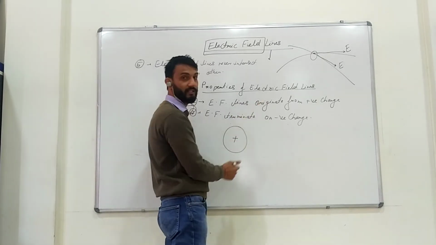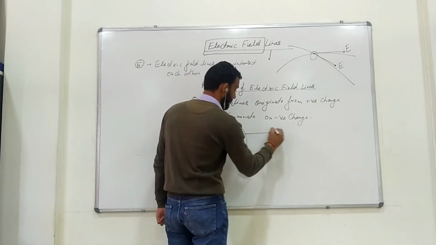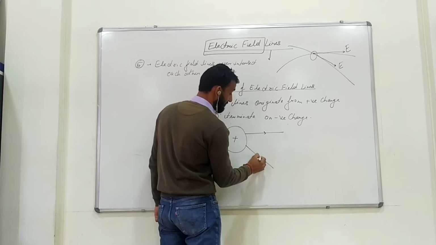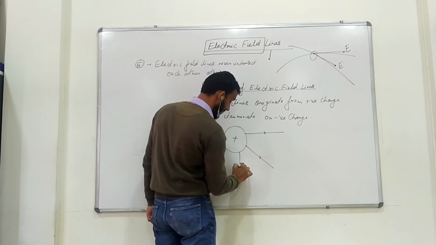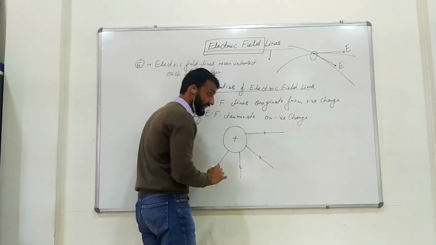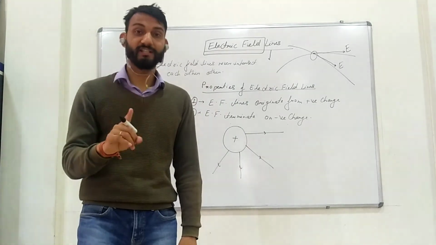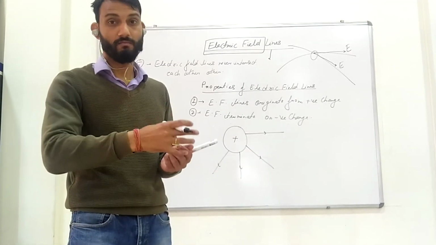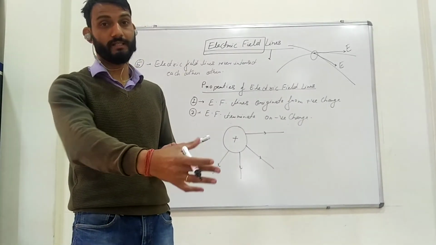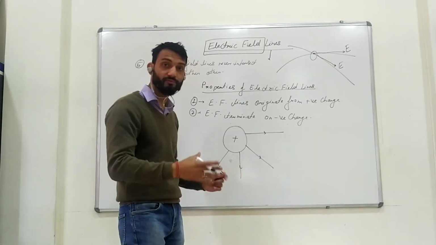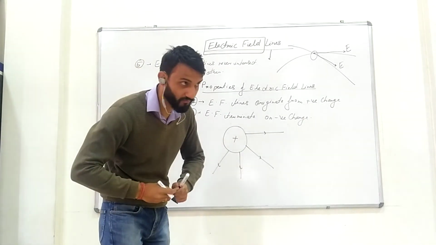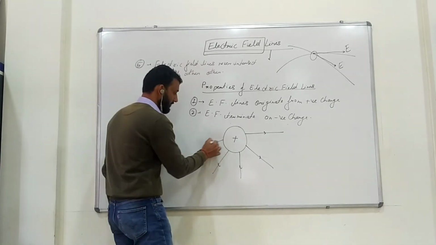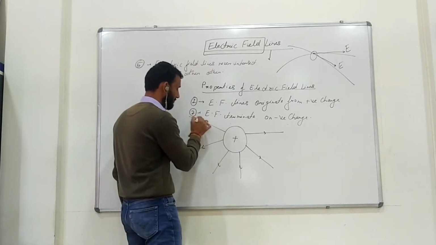Electric field lines originate, which means they start, so they will look like this. Remember one point from this: electric field lines for a positive charge always move outwards, away from the charge.